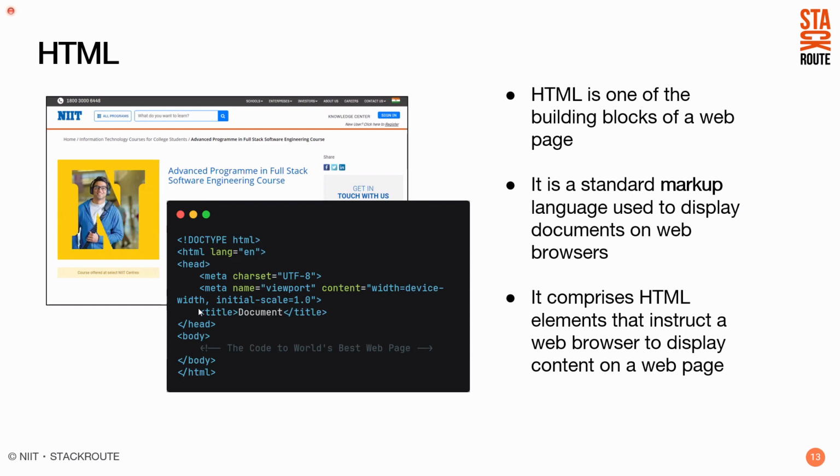If I place an article or a paragraph, it will display in the form of a paragraph. If I keep a video, my browser will display a video. So based on the HTML element, my browser will display the content on the web page.